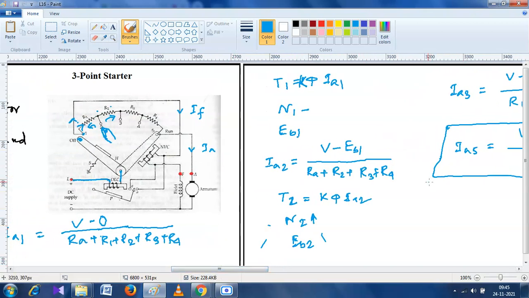Yes sir. Now we have to elaborate what is the function of NVC and OLC. Suppose the lever is in position 5, and at that time there is a power cut.